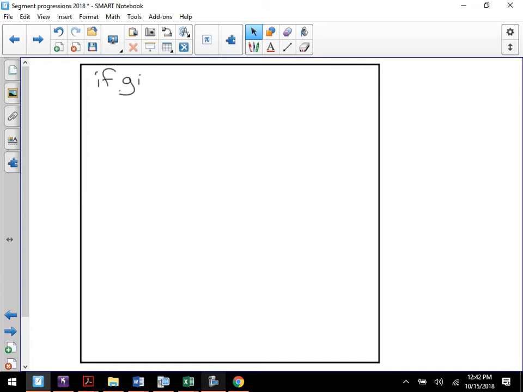If given a segment bisector. Say you're given a segment bisector. What does a segment bisector do? Don't say bisect the segment. Can't bisect one, can you? You don't know where the middle is, do you?